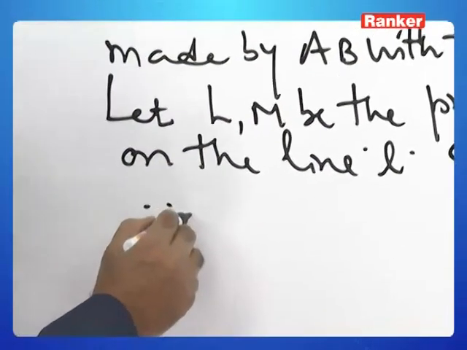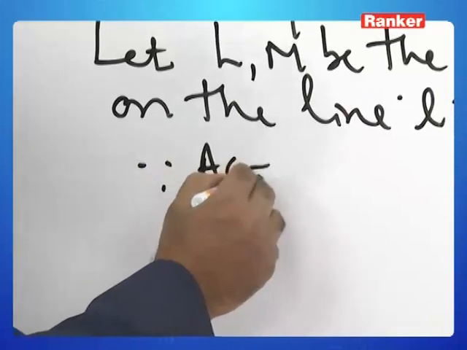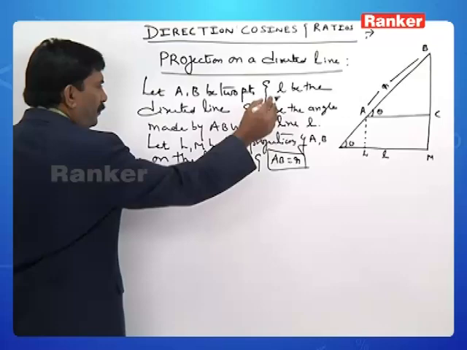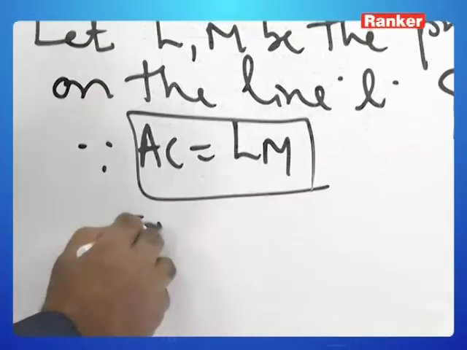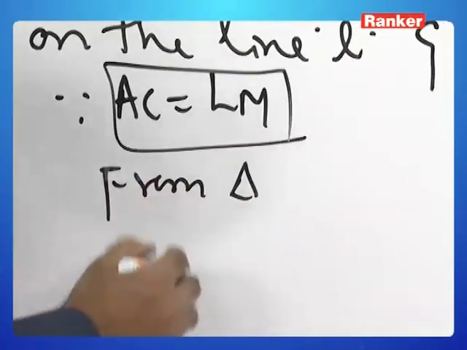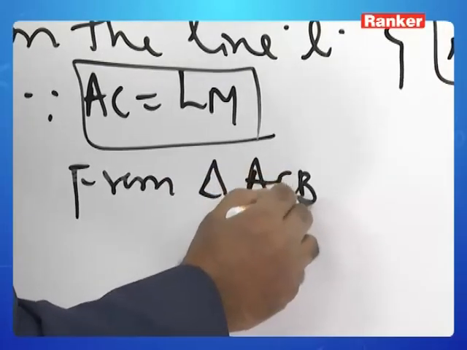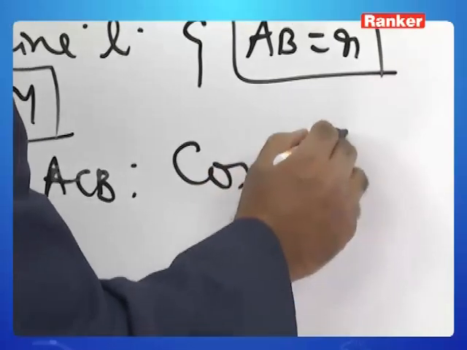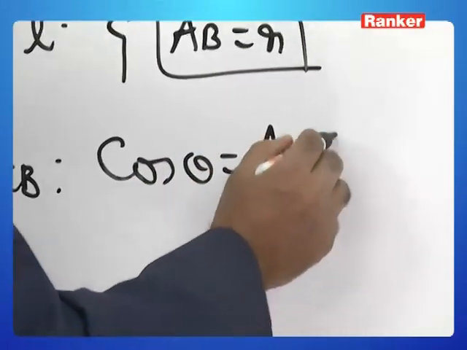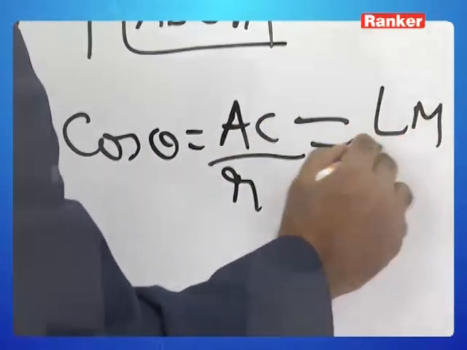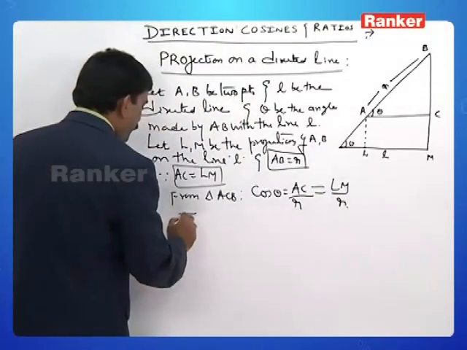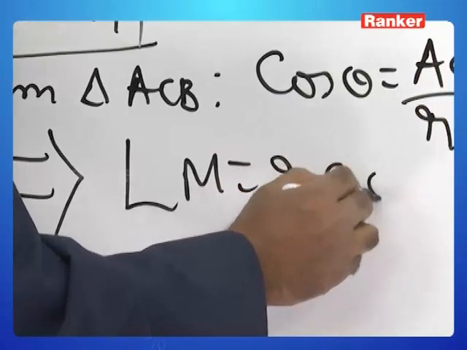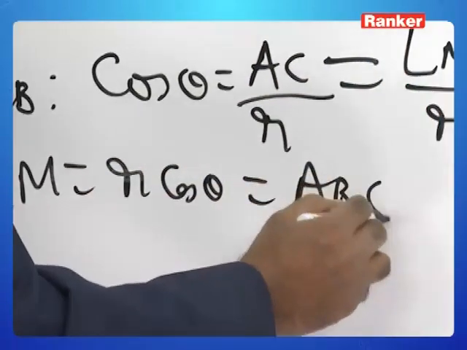Since AC is equal to LM, I can write from the triangle ACB, what is cos theta? Cos theta is nothing but AC by R, which is the same as LM by R. So therefore I can write LM is equal to R into cos theta, the same as AB into cos theta.